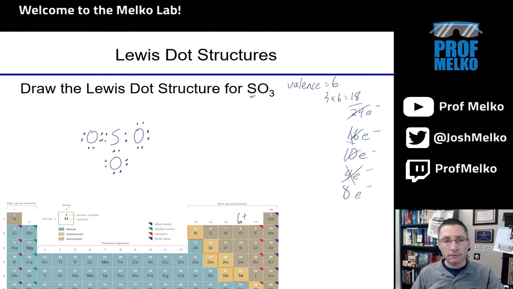And once I move it there, now this oxygen has access to 1, 2, 3, 4, 5, 6, 7, 8. And likewise, the sulfur still has access to 1, 2, 3, 4, 5, 6, 7, 8. Okay, so this is how I satisfy everything's octet here. I move these electrons off the central atom in between the deficient atom and itself.